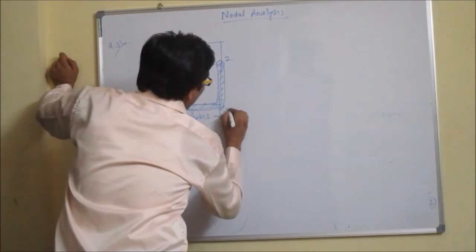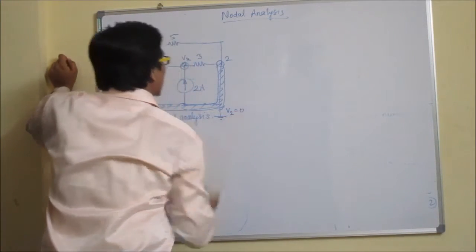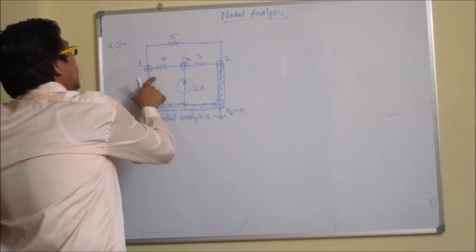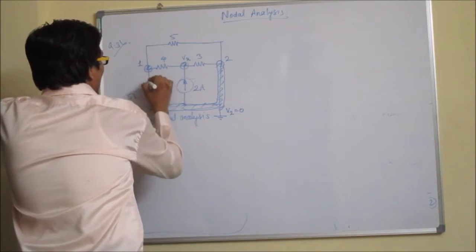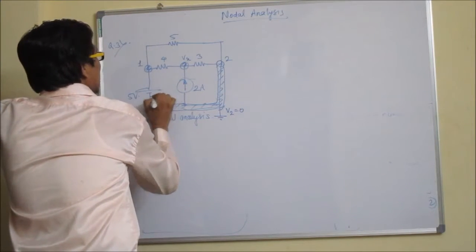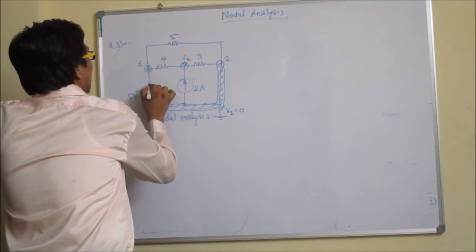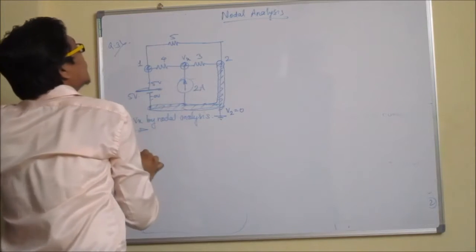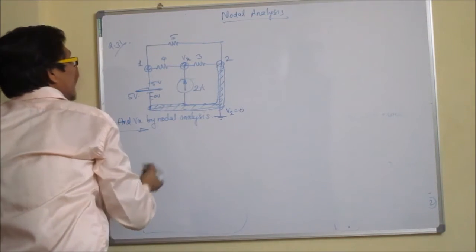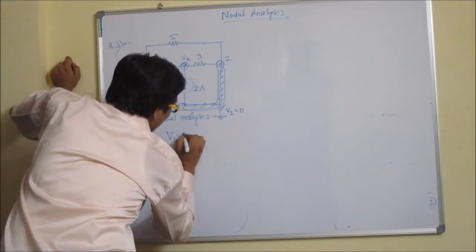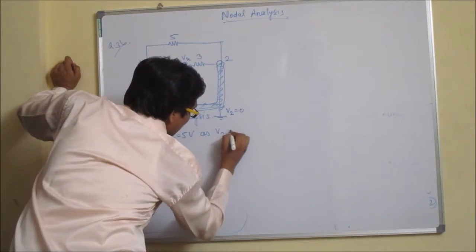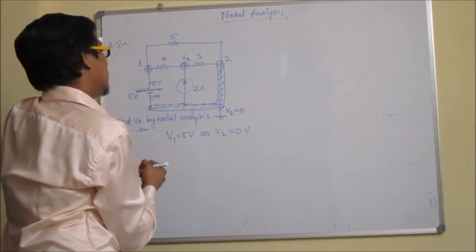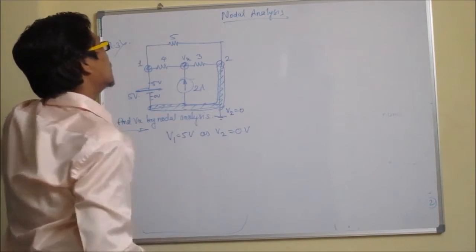Assuming this node at zero potential, therefore V2 is equal to 0. Now this is at 0 and this is 0. This one is at 5 volts greater than this, so it will be at 5. So what is the value of V1? V1 is 5 volts as V2 is equal to 0 volts. So V1 is at 5 volts with respect to V2. So you have got the value of V1 and V2.